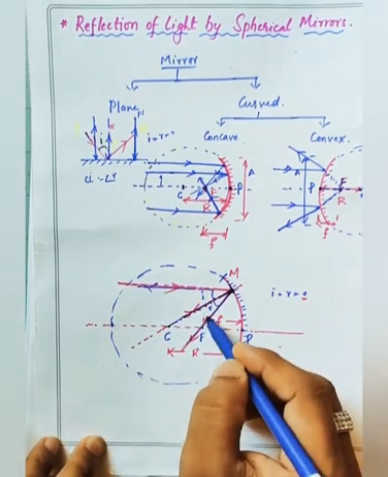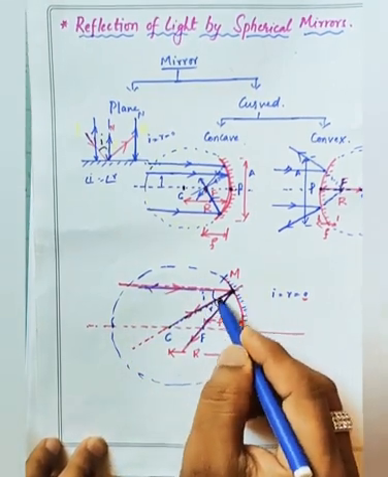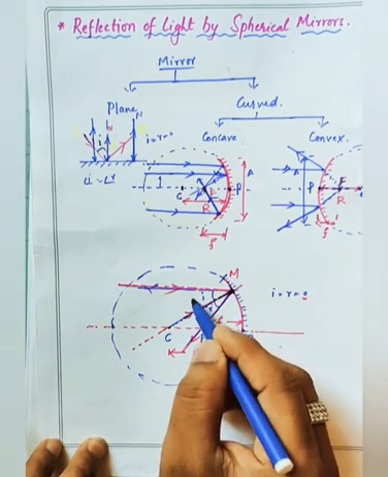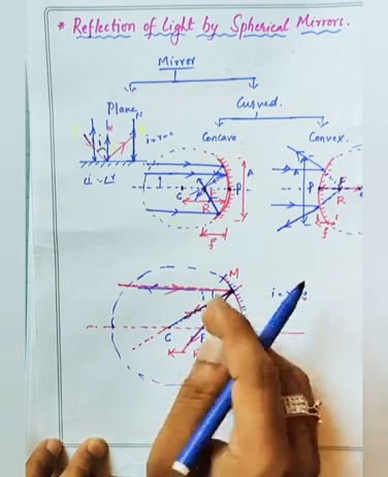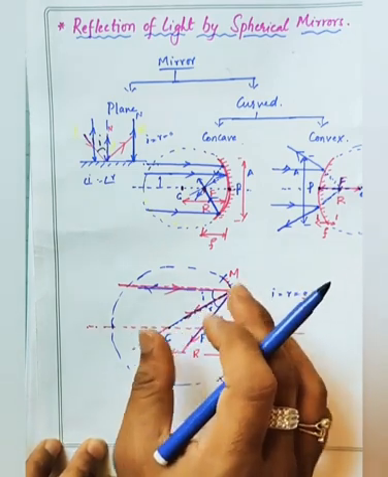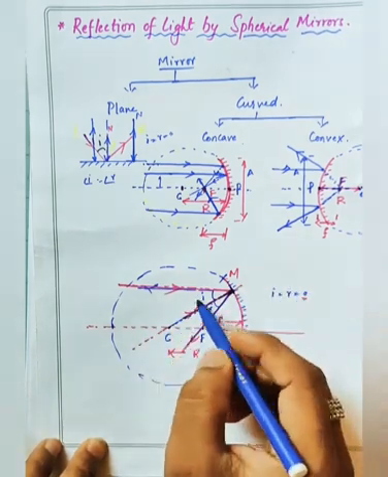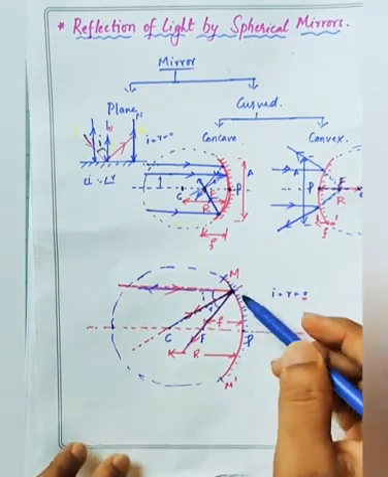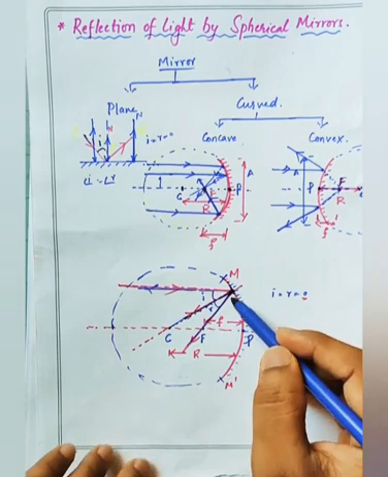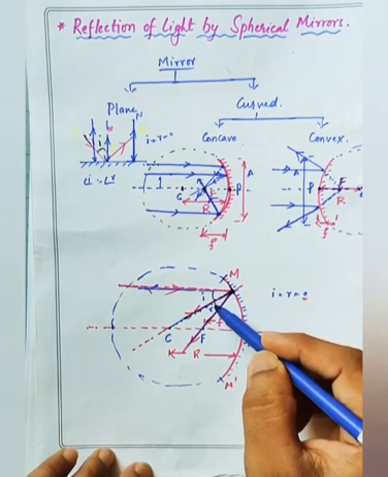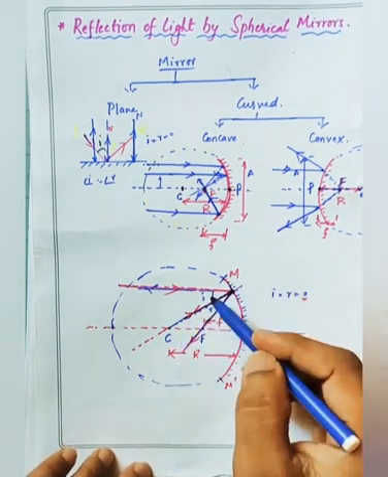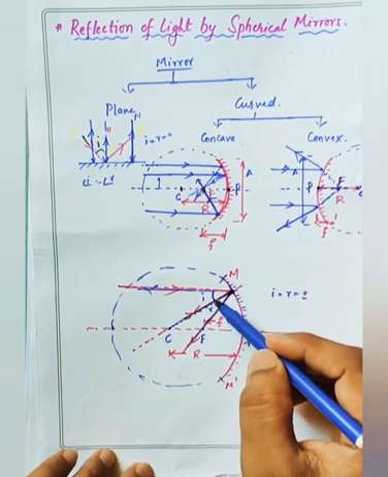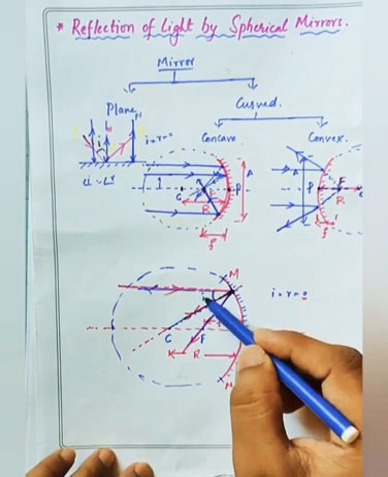So this will be the normal, and for this ray this will be the angle of incidence and this the angle of reflection. Maybe the figure is not ideal, but assume that this I and R are equal. In nature we observe the same thing; in reality I will be equal to R.